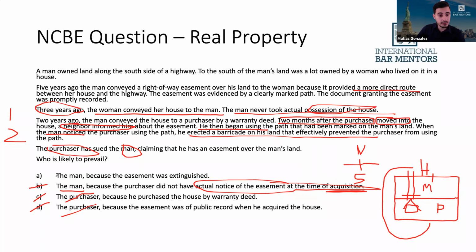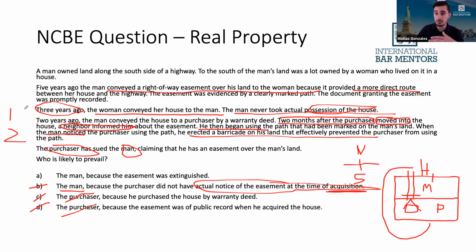Now, this leaves us with the man, because the easement was extinguished. We know that he definitely gave an easement to the woman, right? It says the man conveyed a one-way easement to the woman. So we know that there was one, but you can't own an easement over your own property, which means that the easement was extinguished.